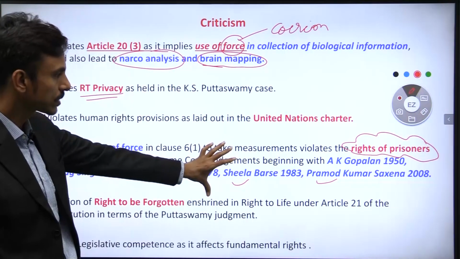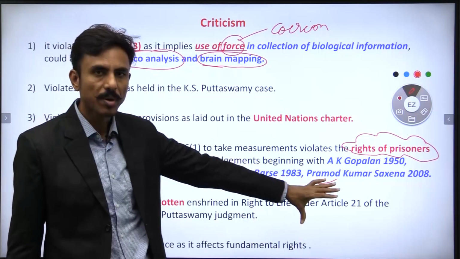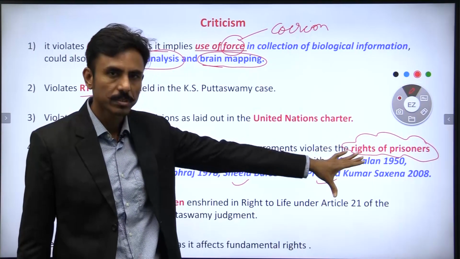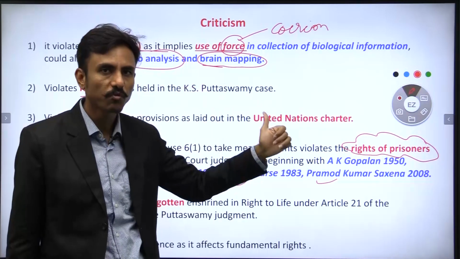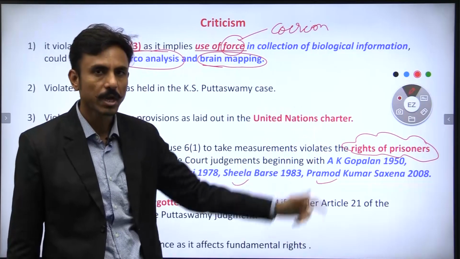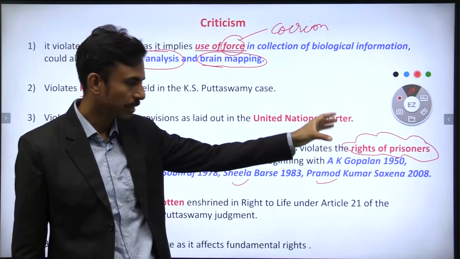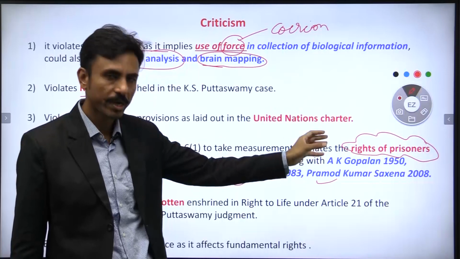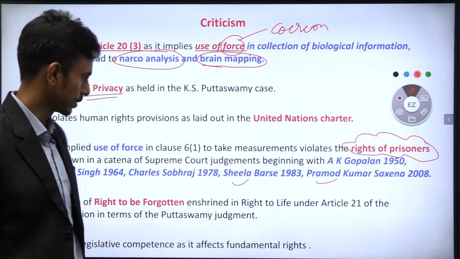So in all these cases, the Supreme Court has come up with the rights of the prisoners, and in this sense, when you use force or coercion in the collection of the samples, it actually violates the rights of the prisoners as determined by the Supreme Court in these cases.